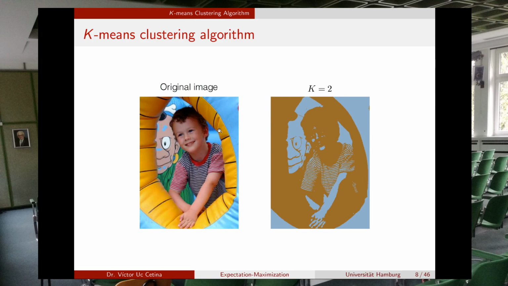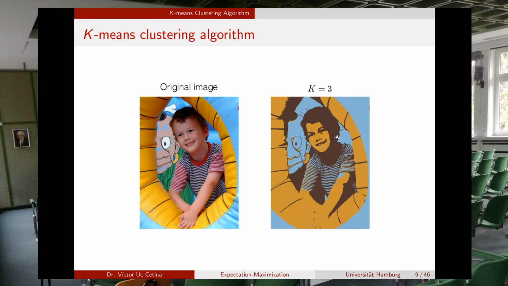So if you run k-means over this image, you will get this result with k equals 2. If you increase the number of means, in this case k equals 3, then you will get this image as a result.